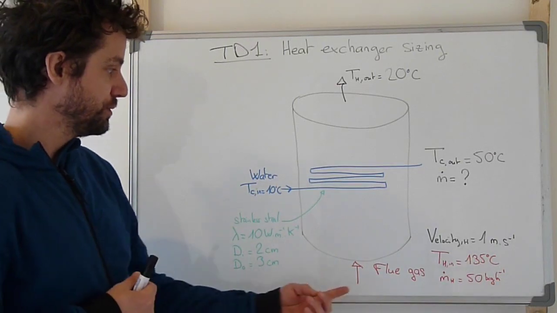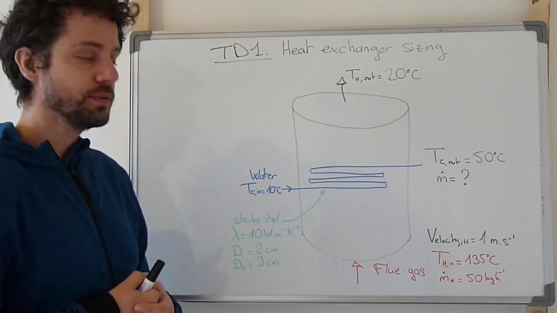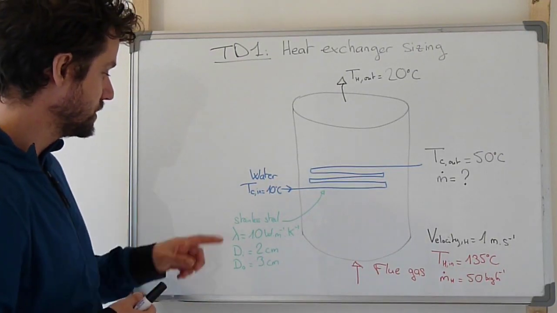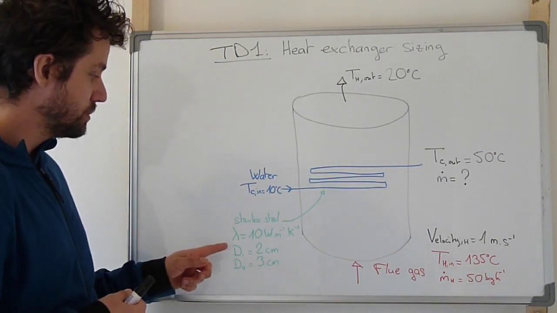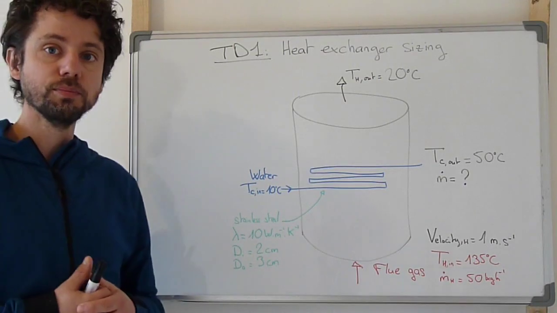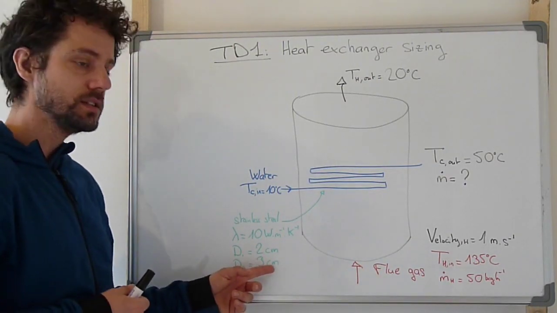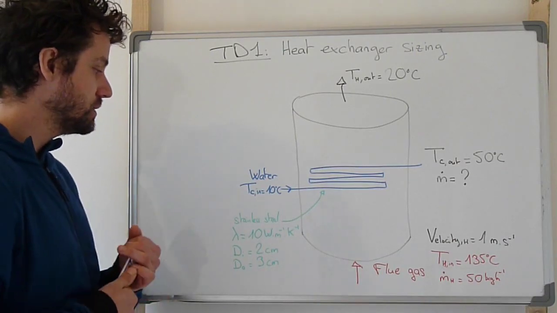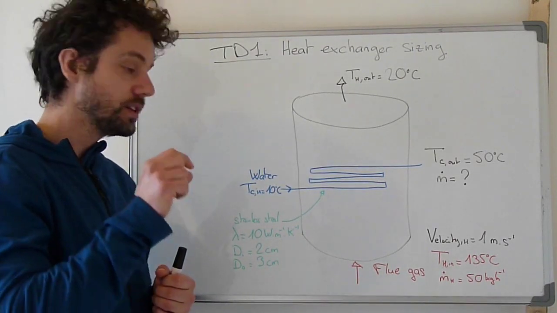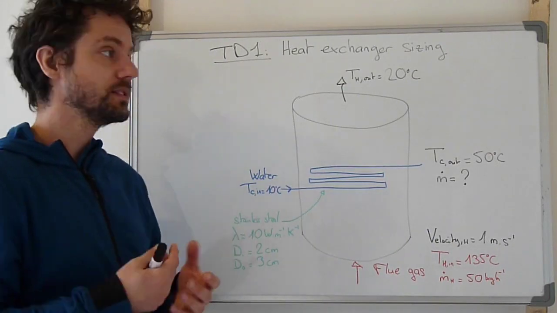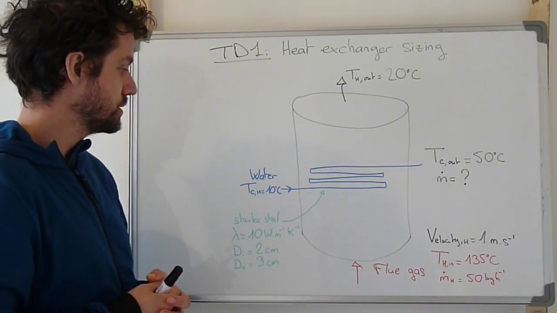Anyway, if we exchange heat with the flue gas, that's the kind of metal we would like to use. We know the inner diameter of this pipe will be 2 centimeters and outer diameter 3 centimeters. So we cannot neglect the thickness of the pipe, as it is sometimes the case for heat exchangers.